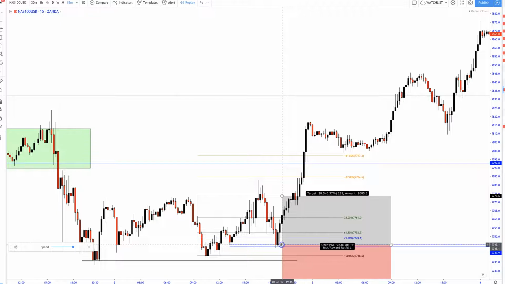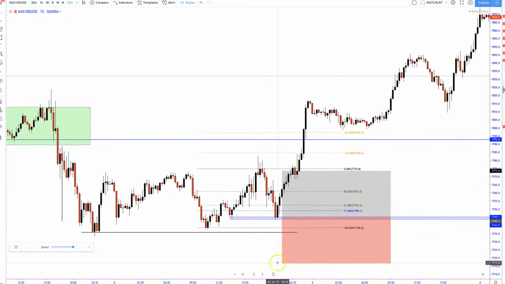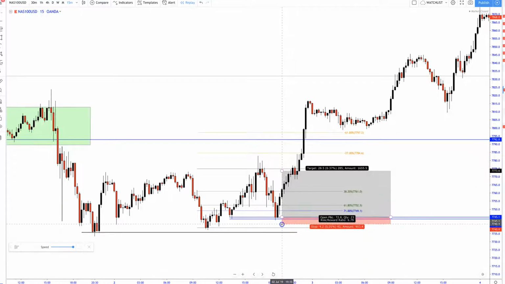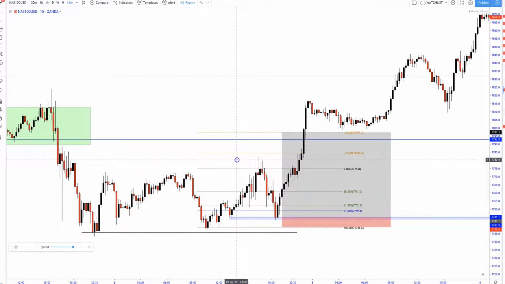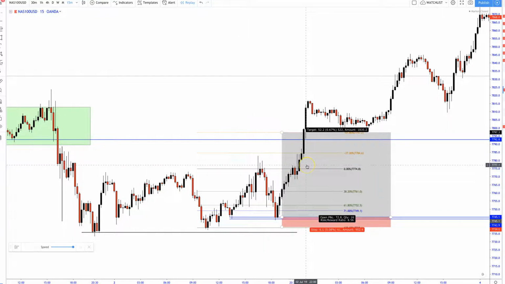If I get in over here and I put my stop loss, and again, we're on the 15-minute, and I put my stop loss like this. Let's call it 60 pips to be safe. And we take it up to 61.8, like that. That is a 522 pip take profit for a 60 pip risk.